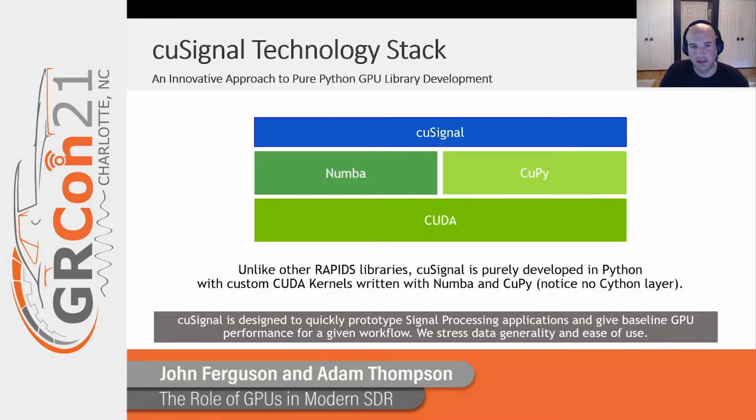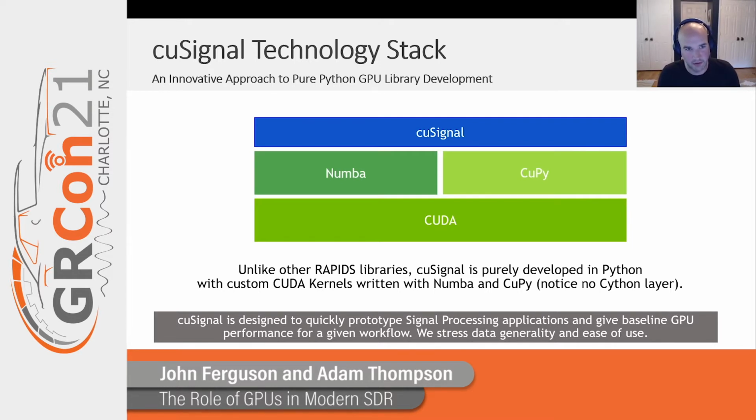One of the things I want to hit on here, and this talk is not a cuSignal talk, so we'll go really quickly through the enabling technology stack. Fundamentally, the design philosophy of cuSignal was that if we're starting from scratch to build a library that's going to be widely used in the community and have a lot of interest and support, our goal was to get out features as quickly as possible.